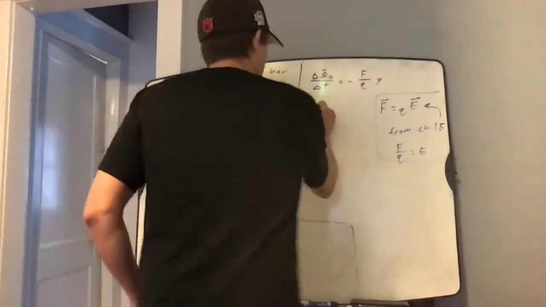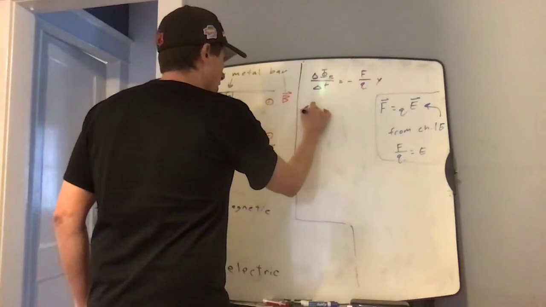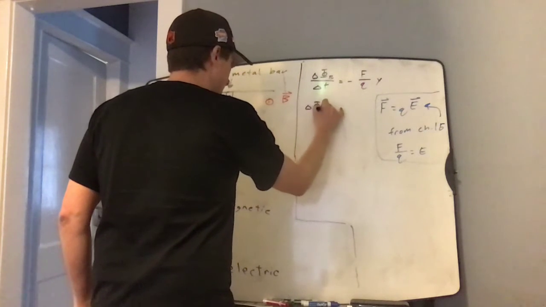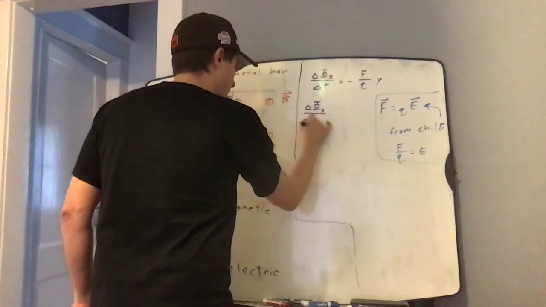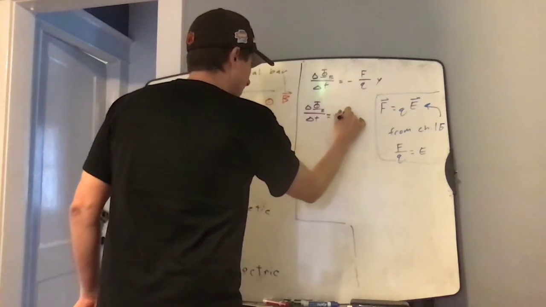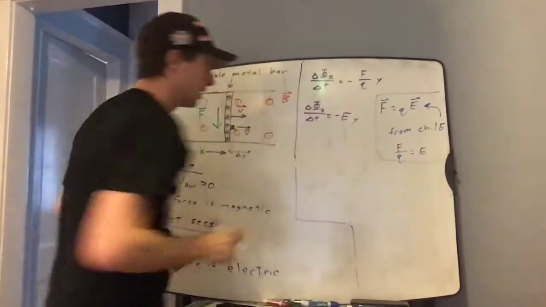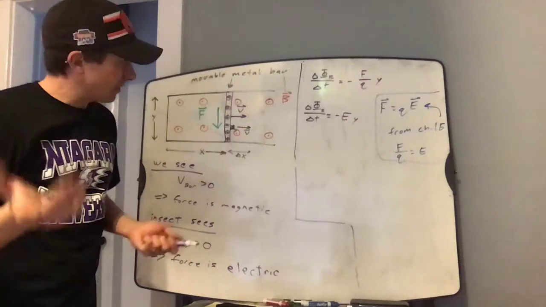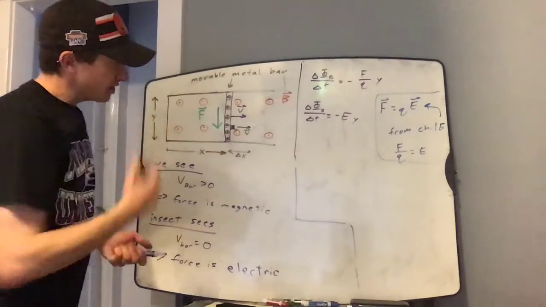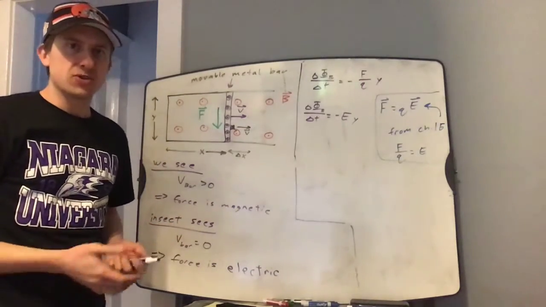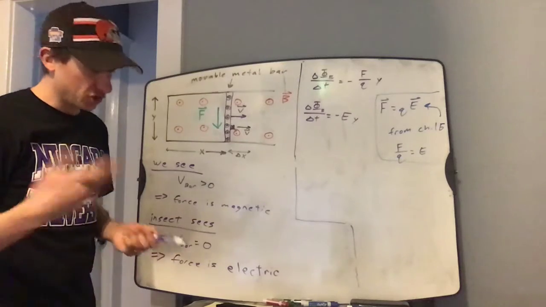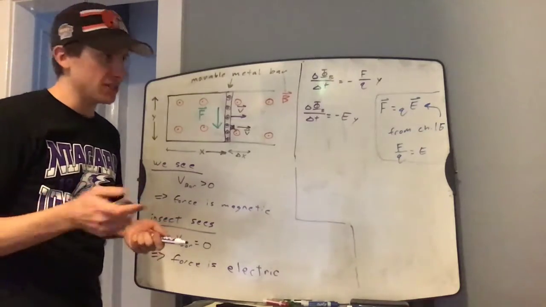So if I were to write the rate of change of magnetic flux as negative E times Y, and if I think about this for a moment, the right side of this equation looks very similar to something else we saw in chapter 17.